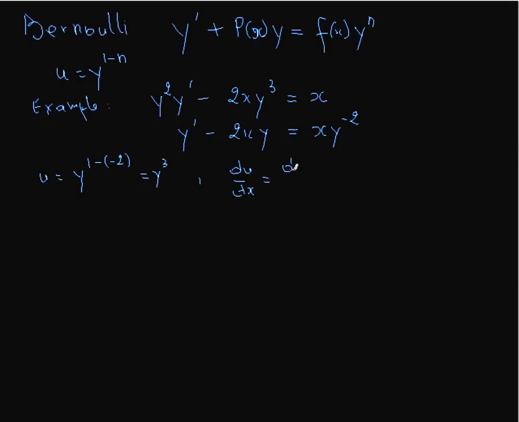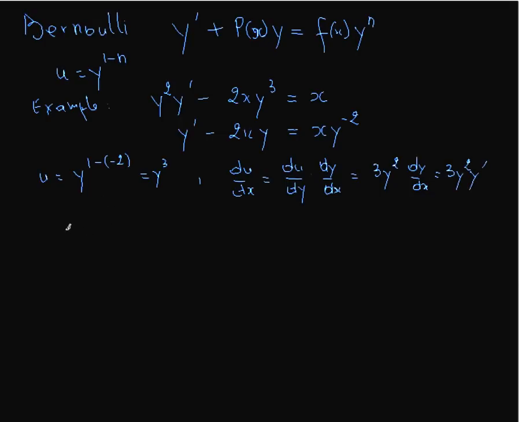Now, once we do this substitution, the first thing to do is to find the derivative du over dx. We just need to remember that this is the chain rule, du over dy times dy over dx. Now du over dy is 3y squared, so du over dx is 3y squared y prime.